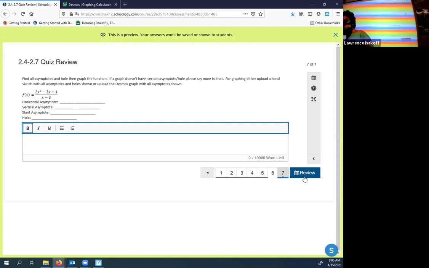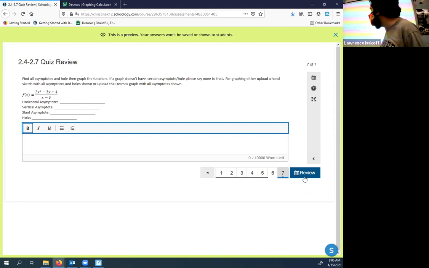This one, however, does have a slant asymptote because I have a quadratic in the numerator and a linear in the denominator. So let's go ahead. We'll do our synthetic division to find our slant. Set the denominator equal to 0 to find our vertical asymptote, and then just check it in Desmos to see where it should be graphed.